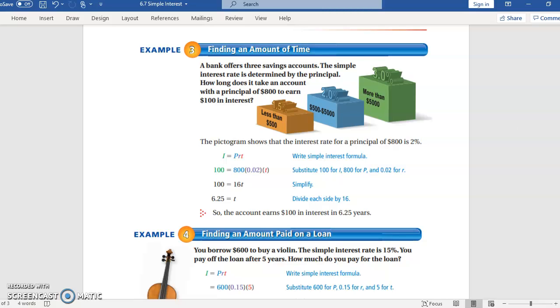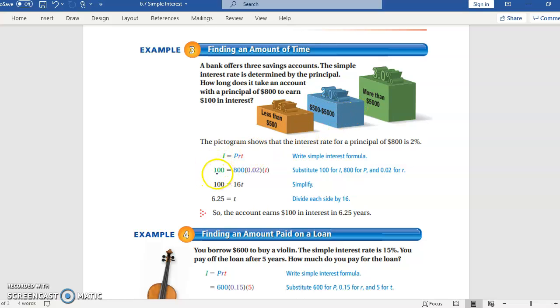Okay, finding an amount of time. So a bank offers 3 savings accounts. The simple interest rate is determined by the principal. How long does it take an account with a principal of $800 to earn $100 in interest? So again, start with your equation. I = PRT. $800. So it looks like we are in the middle one between 500 and 5,000.